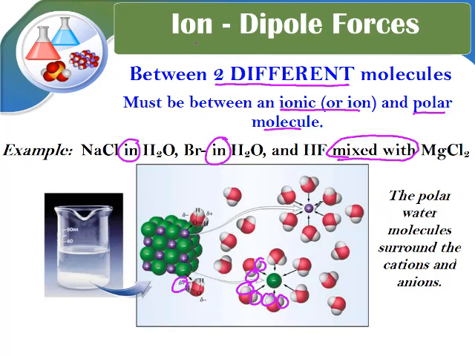And then the positive ion of the salt, such as sodium, is going to be surrounded by the oxygen side of water because oxygen is slightly negative. This keeps the sodium and chloride, or whatever the positive and negative ions, from going back together.